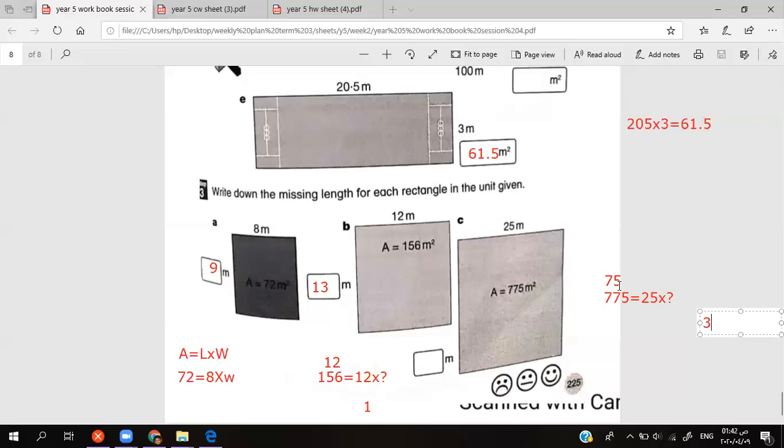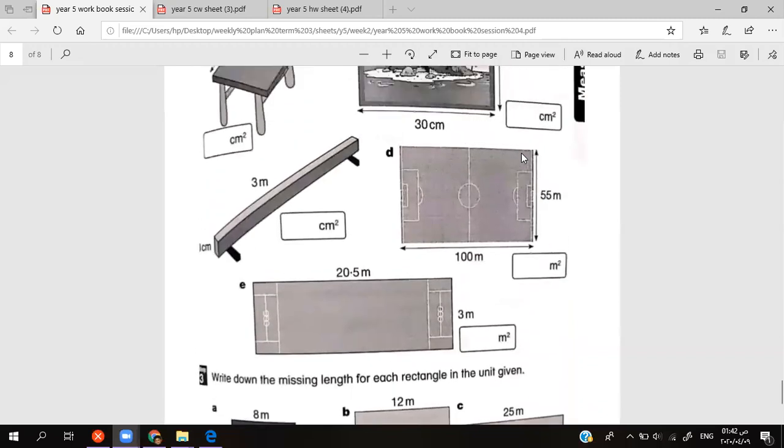The difference between 77 and 75 is 2. I'll write it here before the 5, so I have 25. What times 25 gives me 25? 1. So the missing side is equal to 31. Okay? Like that, we're done with the area.